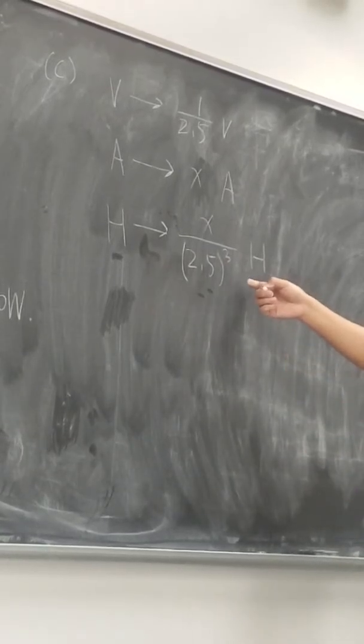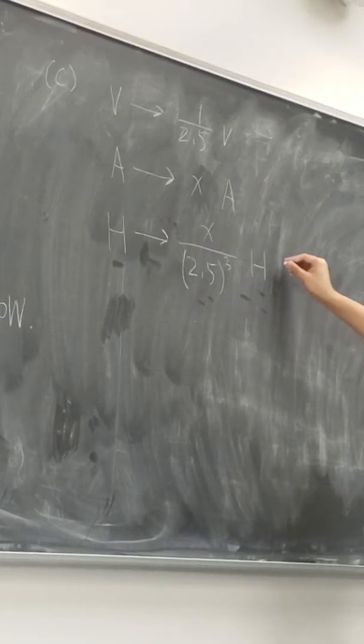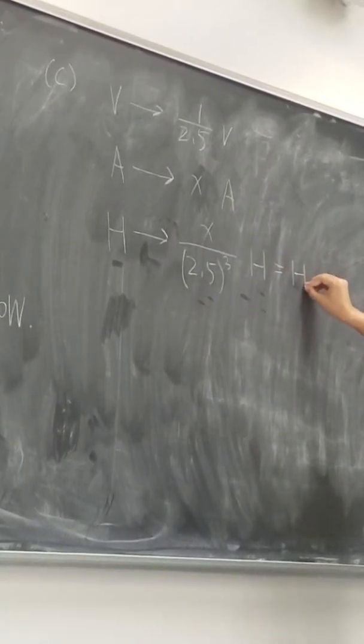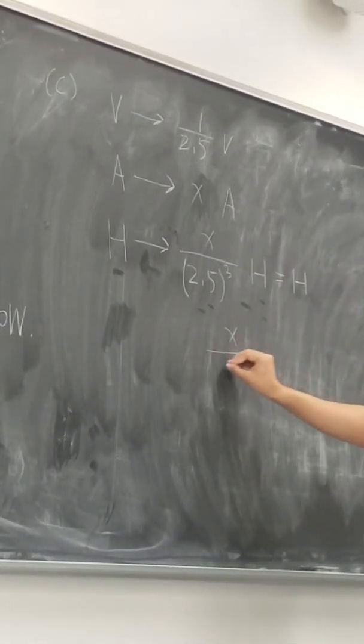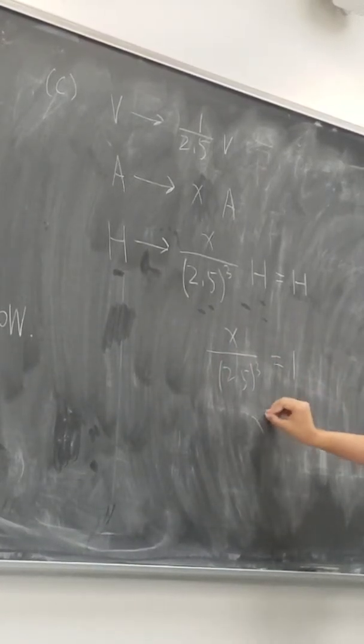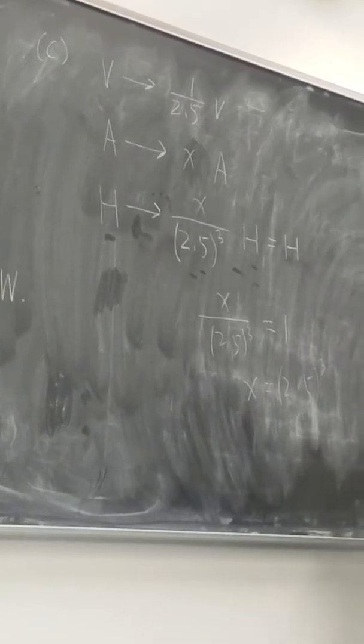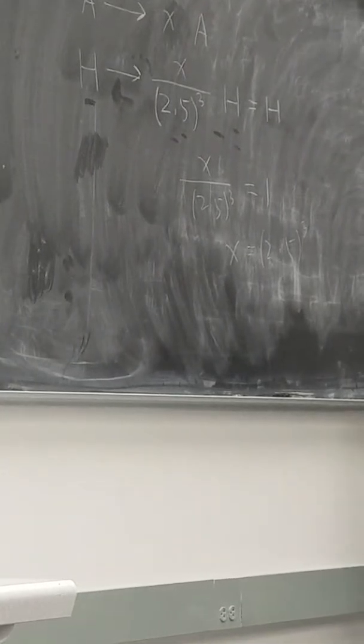Then if we want H to remain the same, x divided by 2.5 cubed should be 1. X is just 2.5 cubed. This is part C.